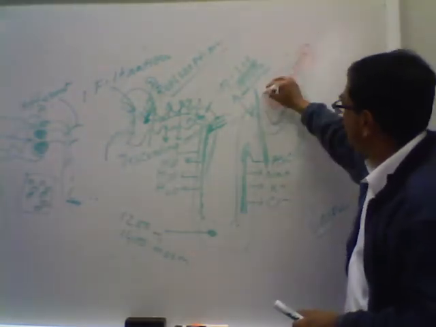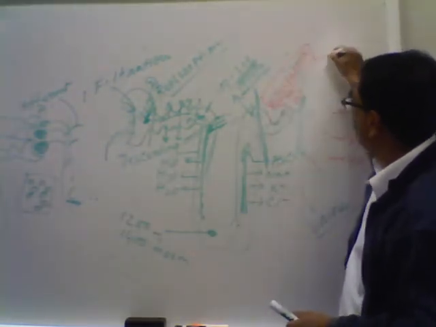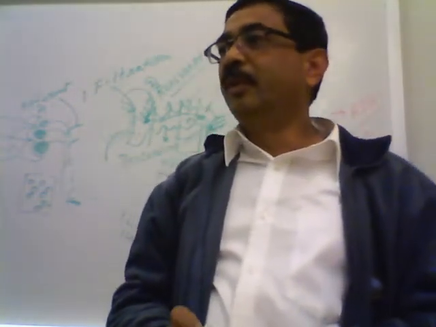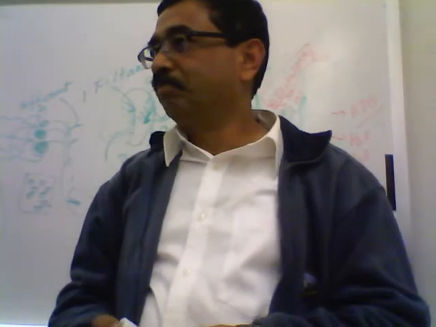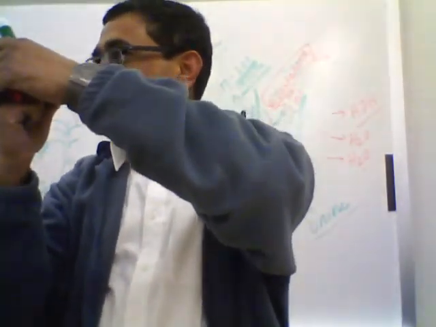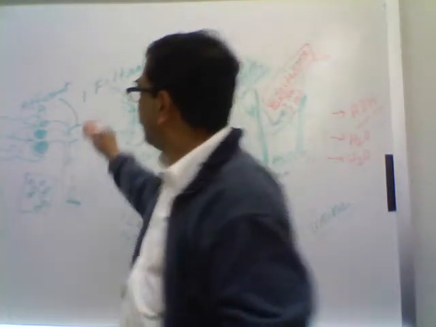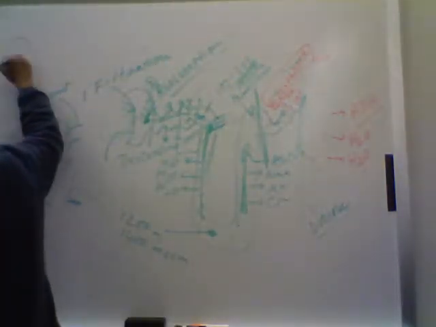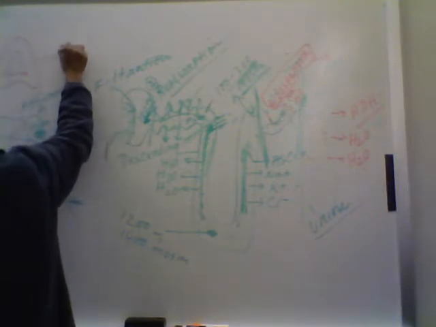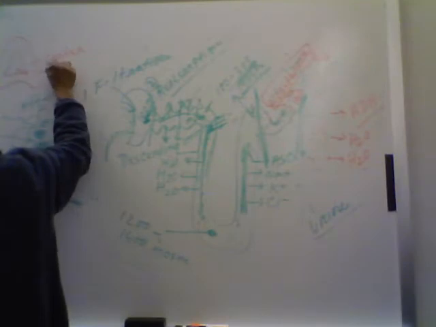Aldosterone is an adrenal cortical hormone. Do you remember the adrenal gland sitting on the kidneys, right? You must remember the adrenal gland is like a crown of the kidney. It has an outer part called the cortex, right? Inner part is what?